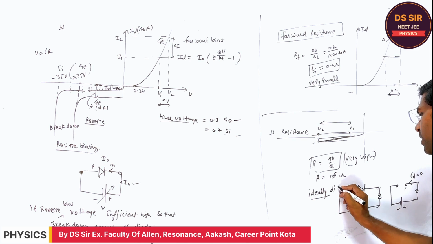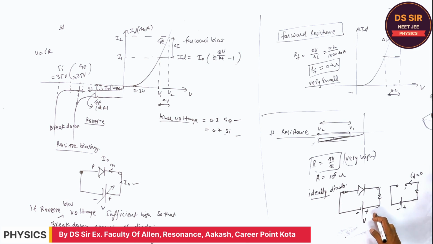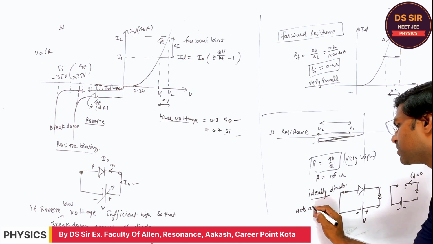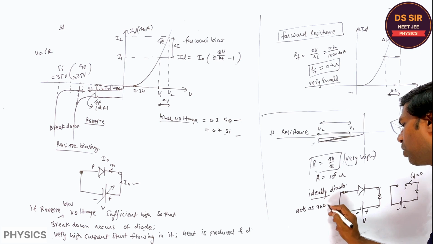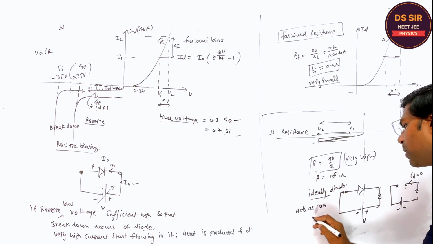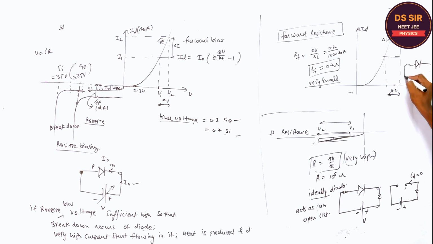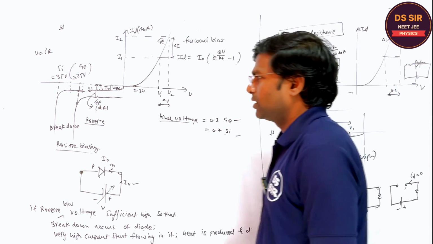An ideal diode in the reverse direction acts as an open circuit, while in the forward direction it acts as a wire, a closed circuit.